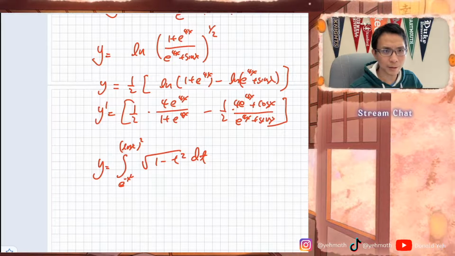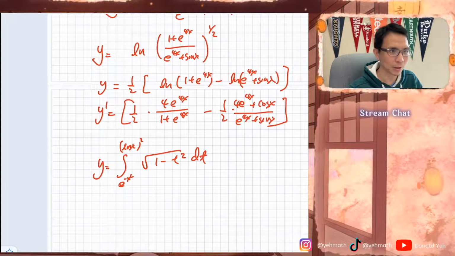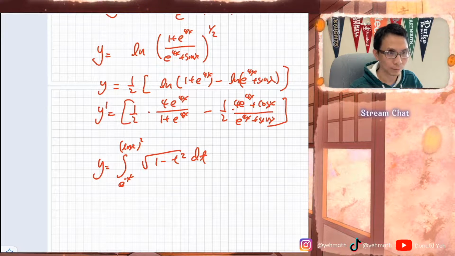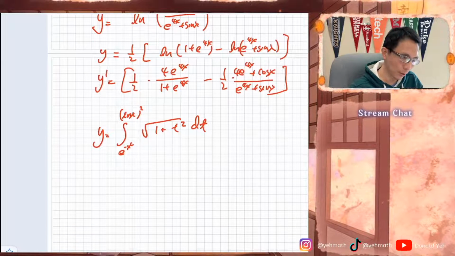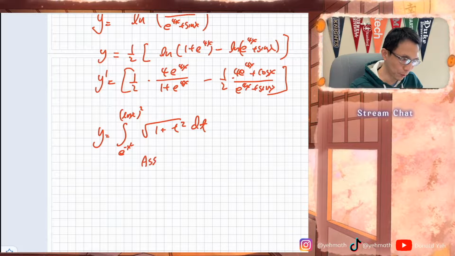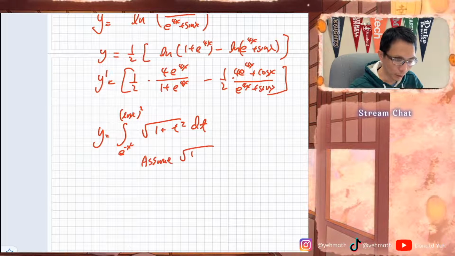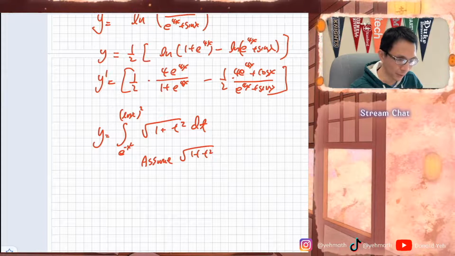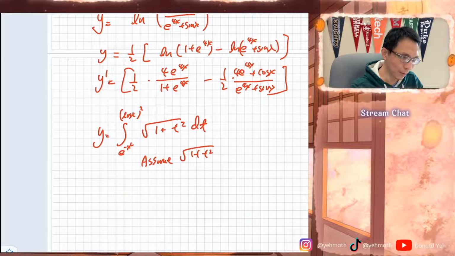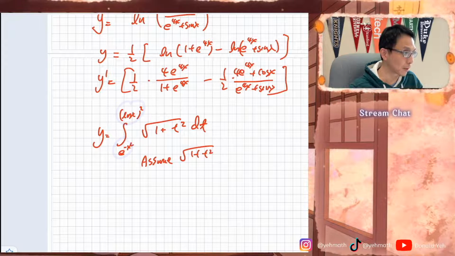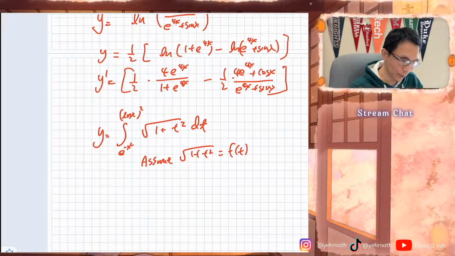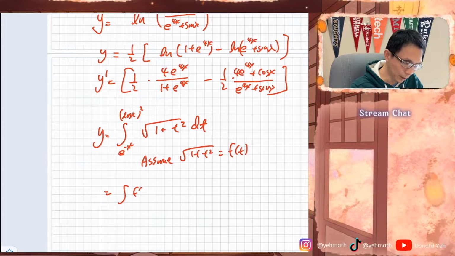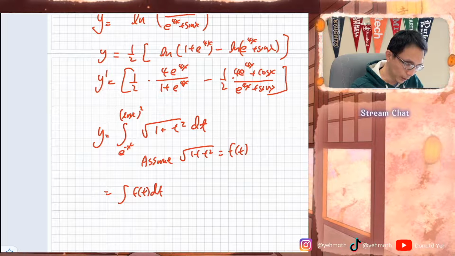The way to think about this type of situation: it's 1 plus t squared. You ought to assume something, because it's not possible for you to take the integration. So you have to assume this expression is equal to f of t, so the integration of f of t dt.